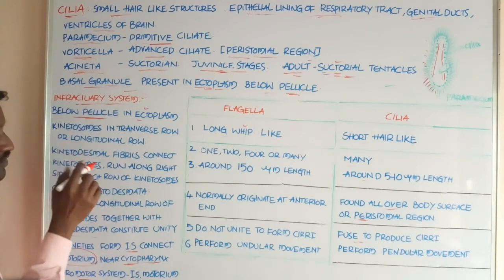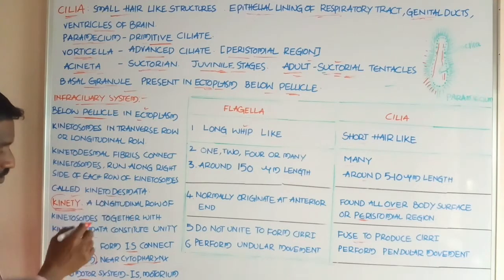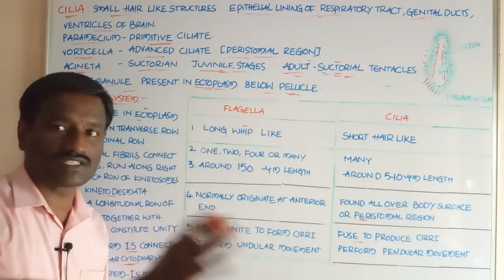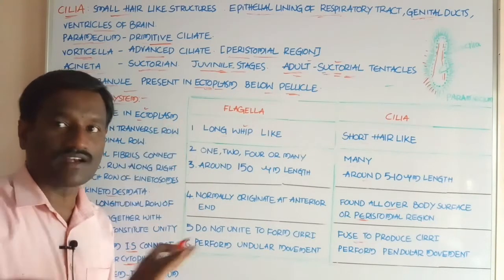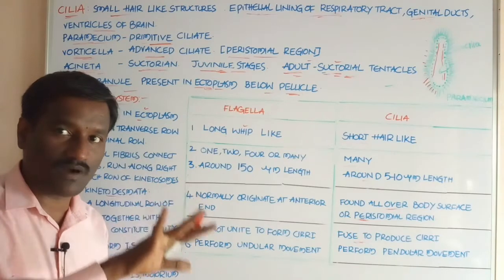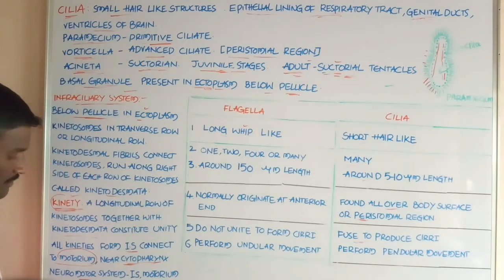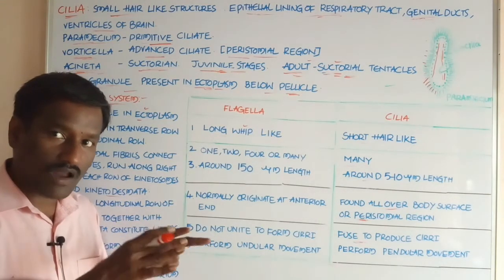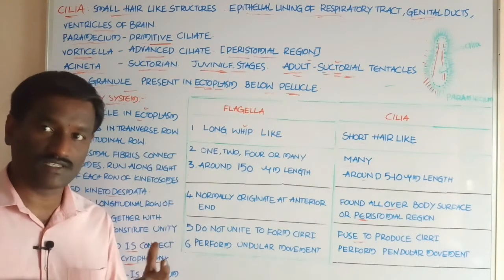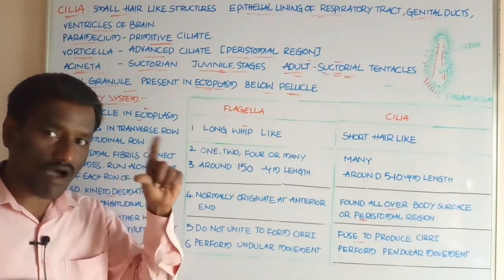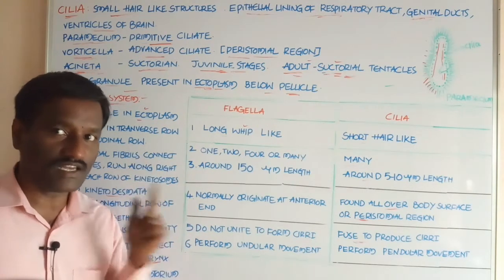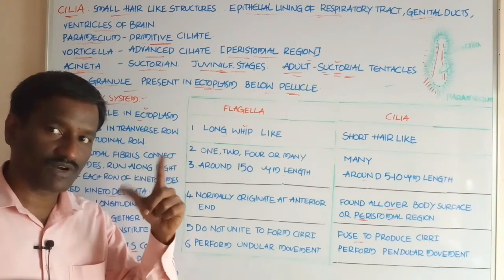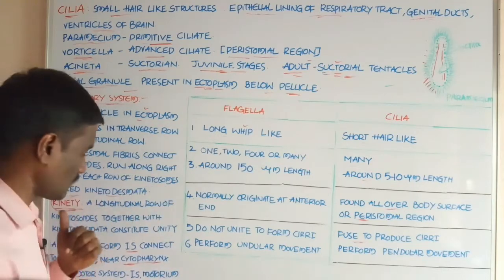Already you know about kinetodesmata. Together they constitute a unit, and that unit is called a kinetic. Next, all the kinetics present in the ciliate protozoan form the infraciliary system.